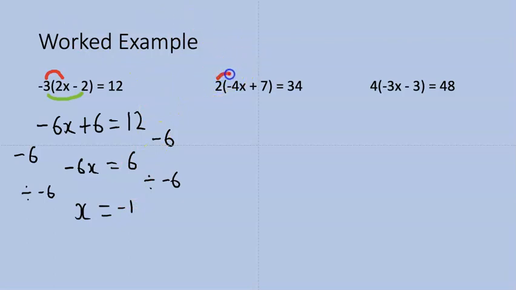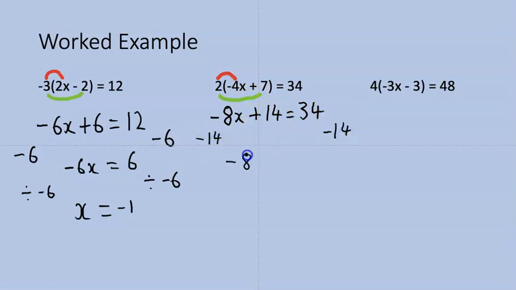Now with the second one, I've got 2 times minus 4x. That gives me minus 8x. And then I've got 2 times 7. That gives me 14. Which equals 34. Now, I take away the 14.